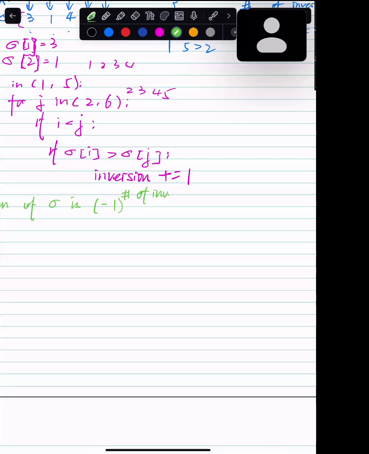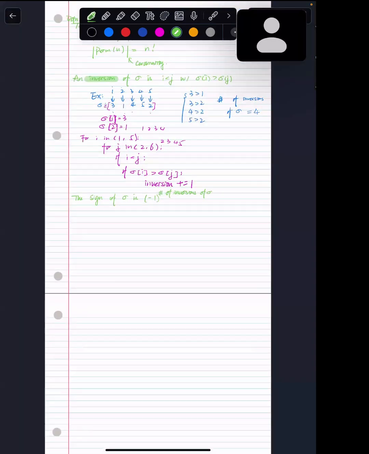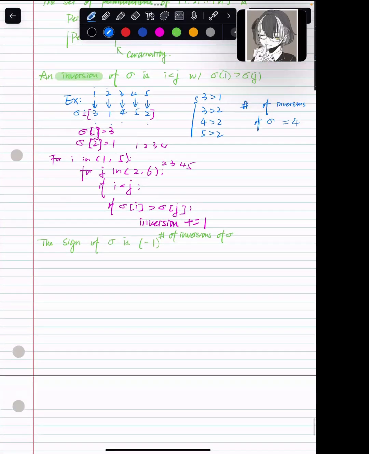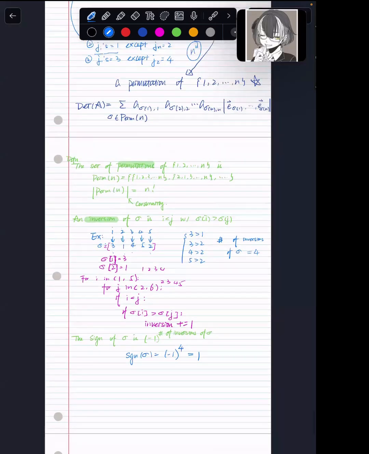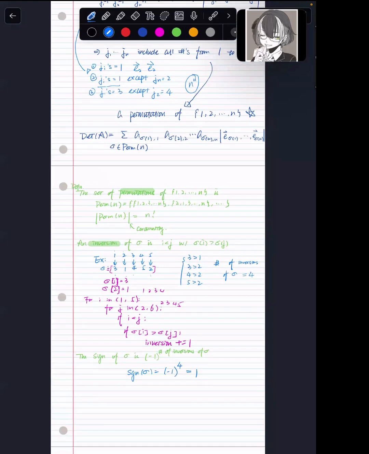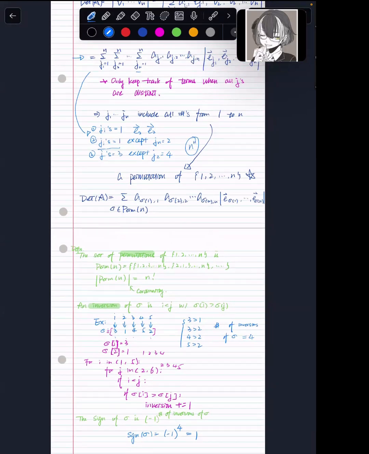In our example case, since we have 4 inversions, we will do -1 raised to the 4th power, and we get 1. That's our definition.